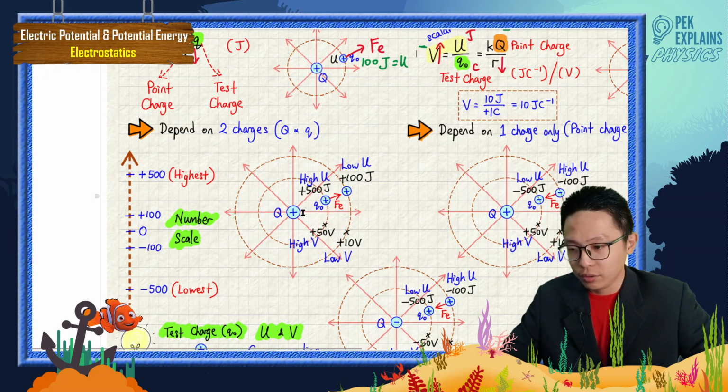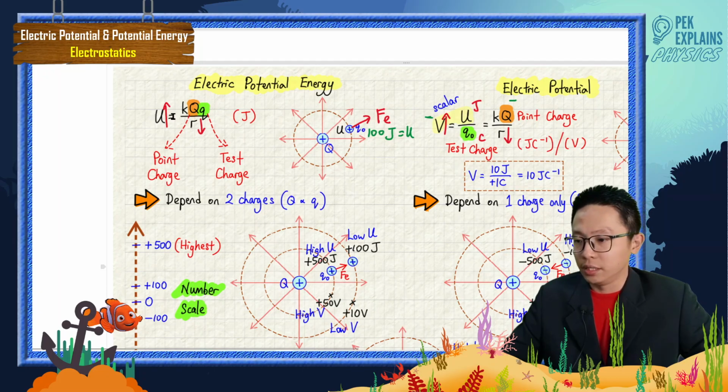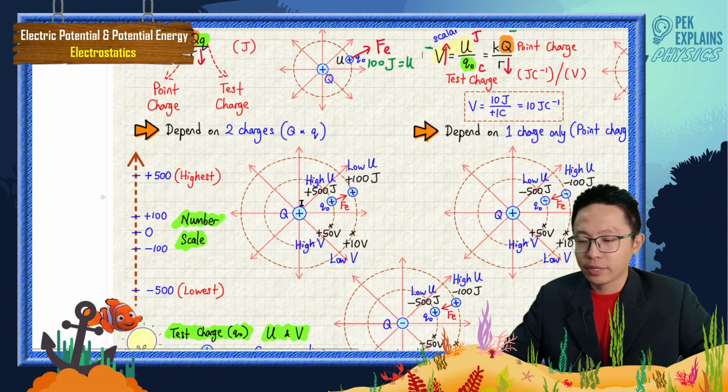So look at this. As I said before, electric potential energy depends on both charges, both the point charge and the test charge. So look at the first case. Why is it a positive value? Because we have a positive point charge and a positive test charge.